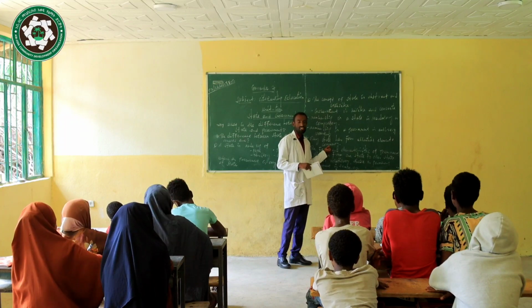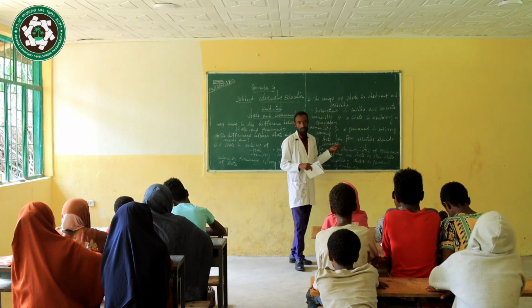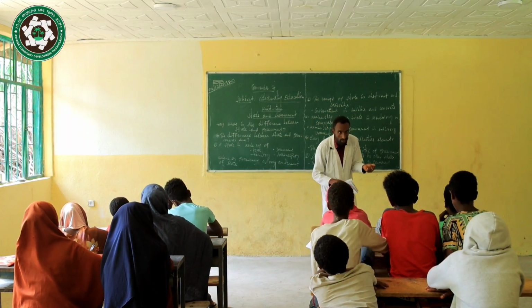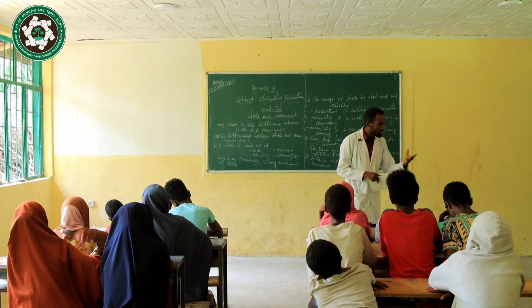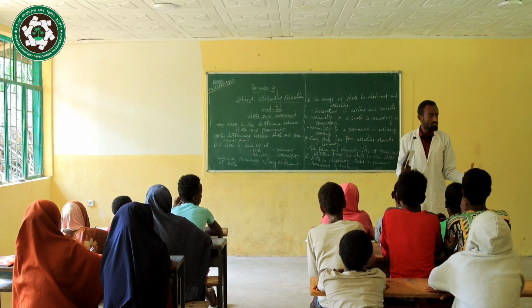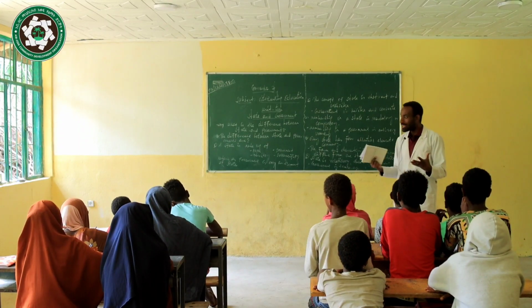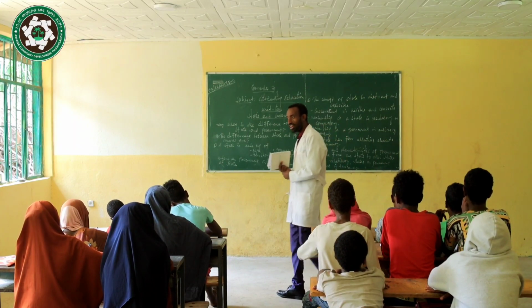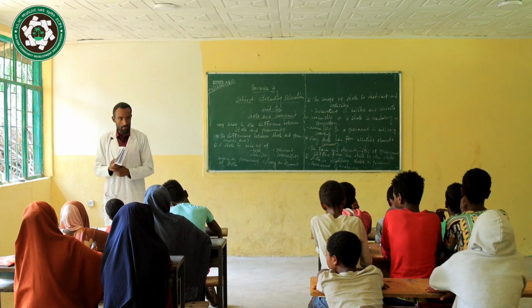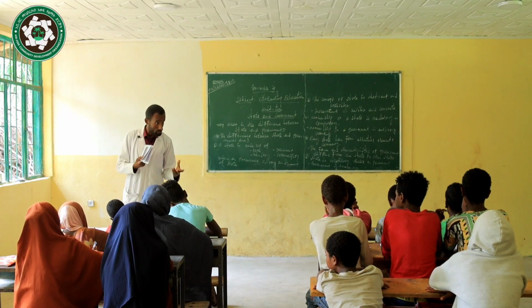So the question is, what are the four elements of the state? Can you tell me what the four essential elements of a state are? A state as a state may contain four elements. So what are they?